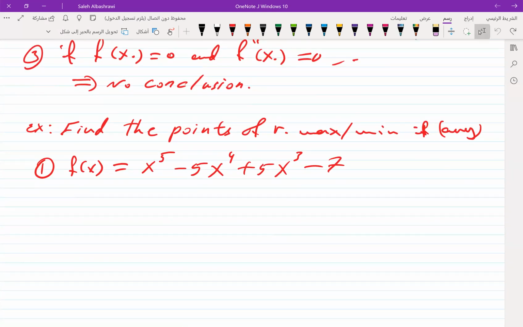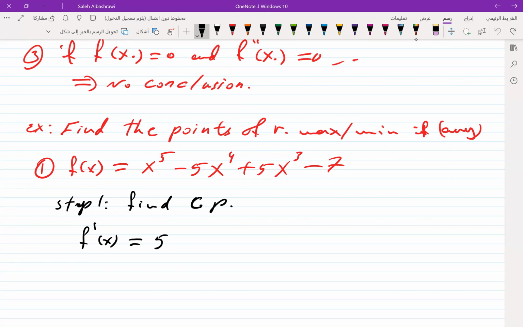In both tests, I have to find the critical point. Number one, find the critical point. The derivative of f is 5x to power 4 minus 20x to power 3 plus 15x squared. Make it equal to 0 and solve for x.